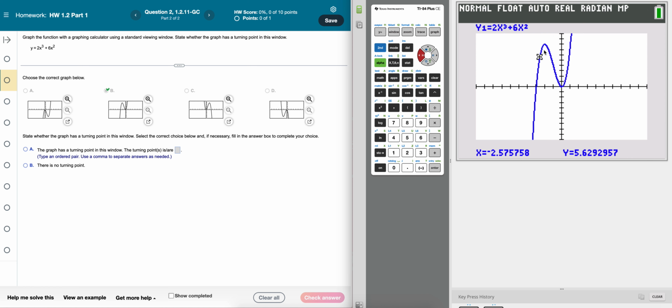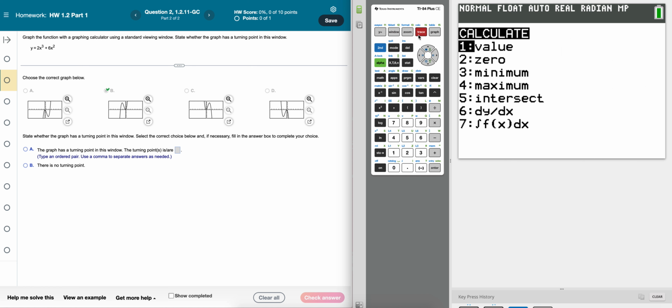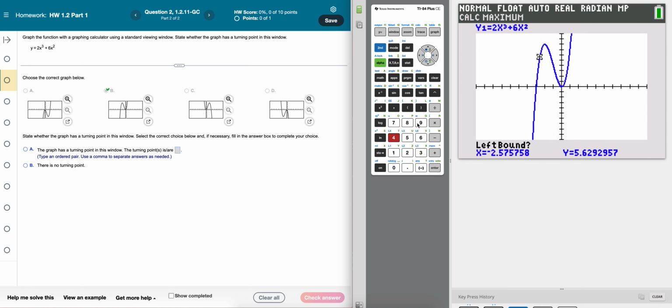That's the top of the hill, but it would be the exact same steps if you wanted to find the other one. What you're going to do is you're going to hit the second button and then trace. That takes you to this calculate menu. So you'll notice choices 3 and 4 are minimum and maximum. If you're looking for the bottom of a valley, you'd select minimum. We're looking for the top of a hill, so I'm going to choose number 4, maximum.